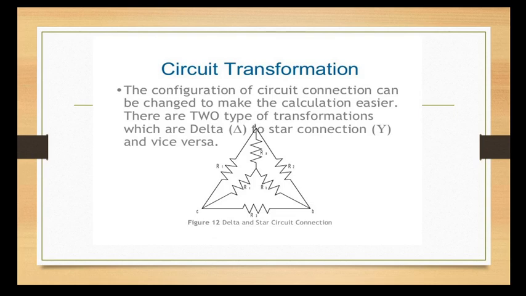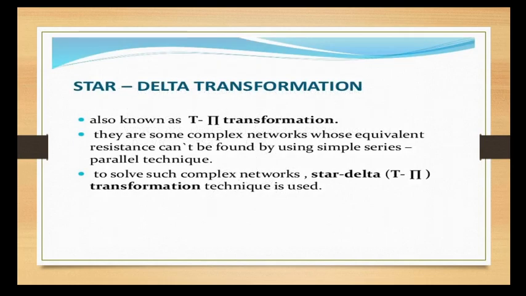That forms the delta circuit, whereas RA, RB and RC, these three resistances, are connected to a common point and that forms the star connection. We do these transformations so that we can make complex networks simple and solve them. These star-delta transformations are also known as T-pi transformations.